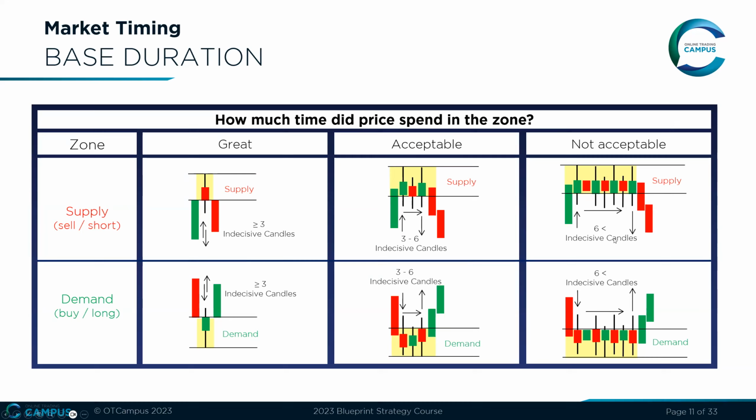Okay, so if we have a lot of candles in the base, most of the time it's not a quality base. However, if all the other rules are in your favor, then this is not a criteria that should exclude a zone from your trade watch list. This can be an exclusion criteria, however, only if there's multiple rules that on top of that don't stack up.